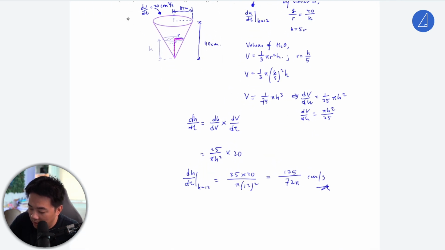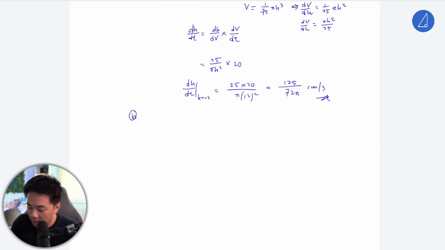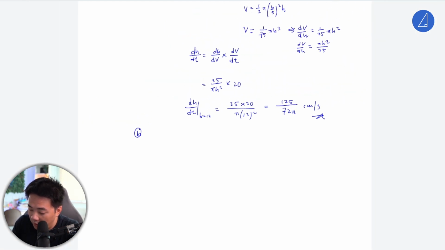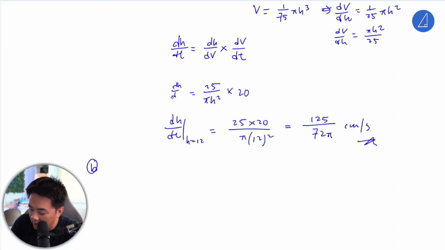Then the next one will be the height when the vessel is 1/4 full. So when the vessel is one quarter full, we need to find out what is the height of the water, because we have dH/dt in terms of height here. So dH/dt, if we simplify it, in terms of 25 times 20, that will be 500 over pi h square.